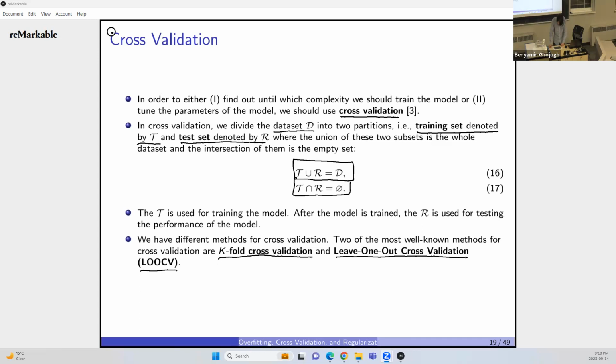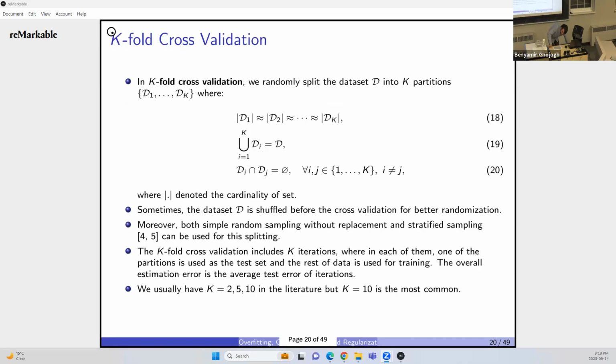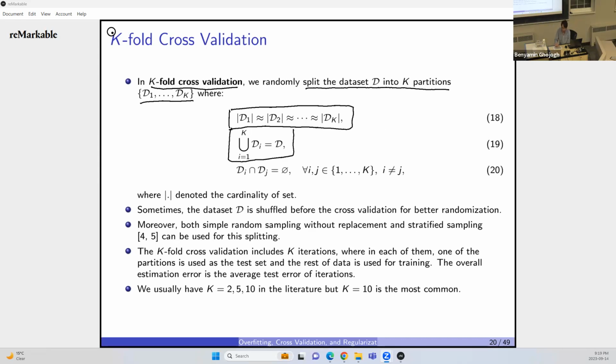In k-fold cross-validation, we randomly split the data set D into k disjoint partitions whose sizes are almost equal. Their union becomes the whole data, and no pair of them has any intersection or overlap.